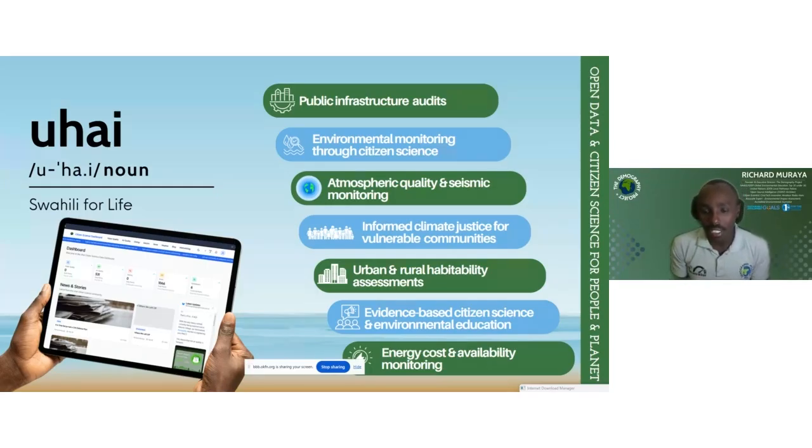Primarily, as you can see from your screen, we don't just look at one particular domain, either water quality monitoring or air quality monitoring. It's comprehensively covering the role of the individual as well as the household, and how we can conserve our natural resources.